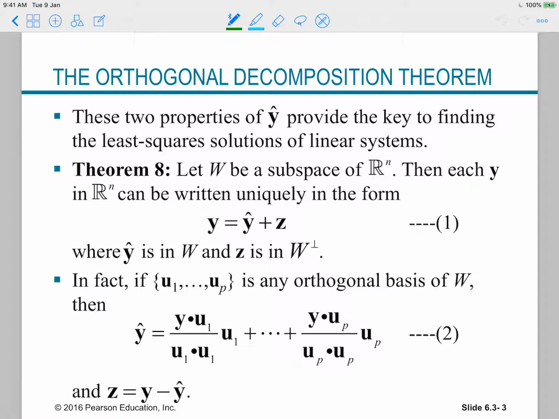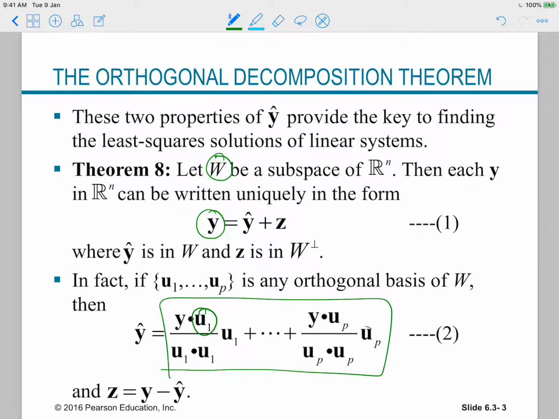So you know that when we are given the orthogonal basis of this W, and then given the y which is outside of W, and then its orthogonal projection, the orthogonal projection is represented in this form, right? And u1 through up are just fixed vectors, and y is also a fixed vector, right?